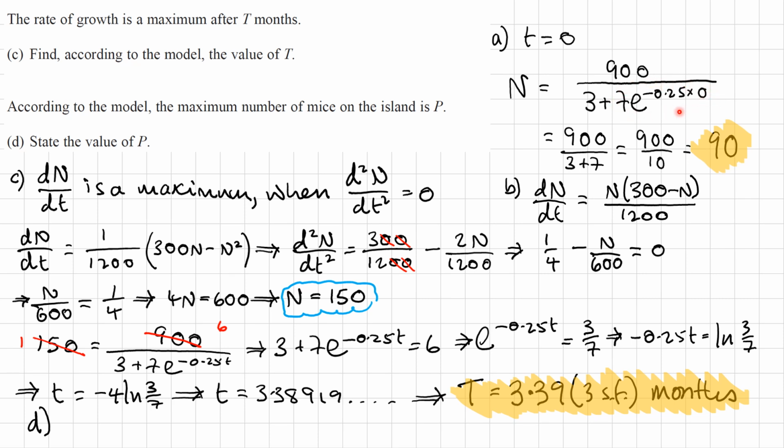It's just going to be too small to make a difference. That just leaves us with 900 divided by 3, which gives us a value of n equal to 300. So as I said, we can just state that answer. If the question says state, you do not need to justify why you have given that answer. So n is 300, not 300n, it's not newtons, just 300.